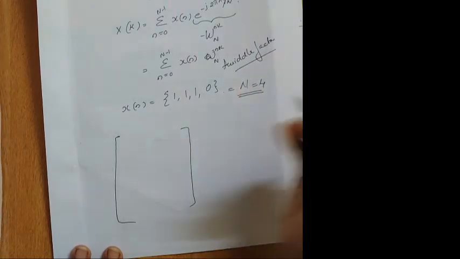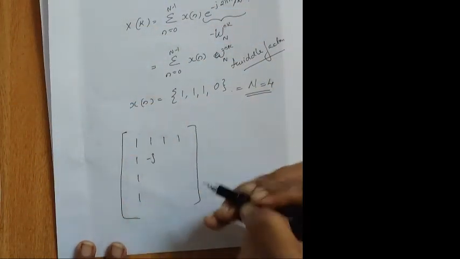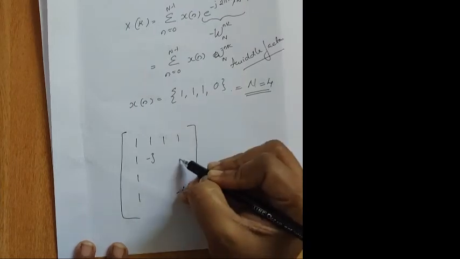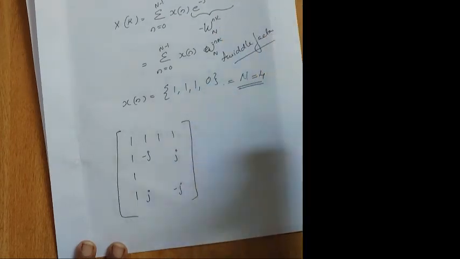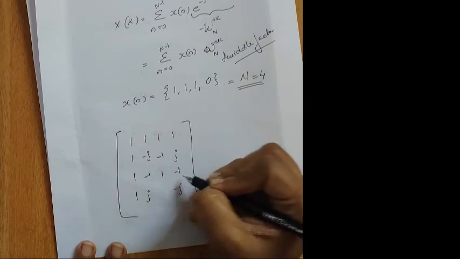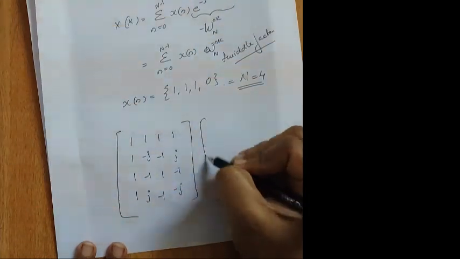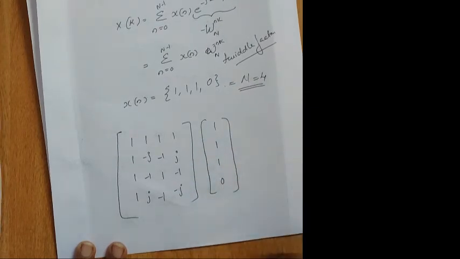Using this factor, you can find the values: 4 ones, minus j, opposite also minus j, j, plus j. This all comes with the help of the twiddle factor. You will understand this in the fast Fourier transform. Multiply by your sequence 1 1 1 0. So now here you do not need to go for the equation with cos theta minus j sin theta. Directly you will get the answer.